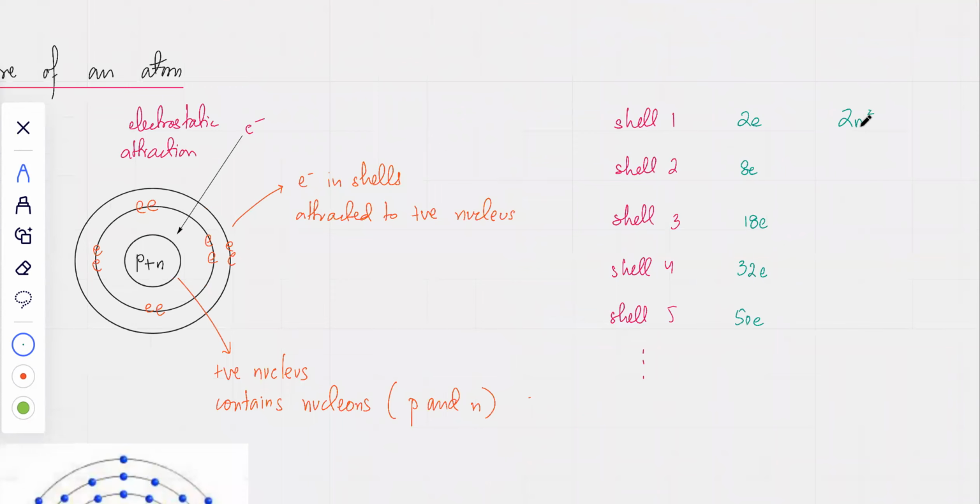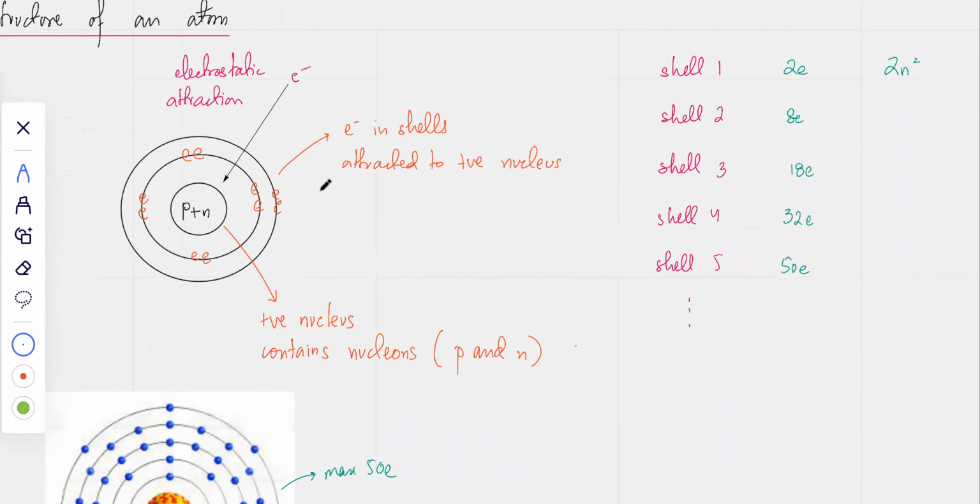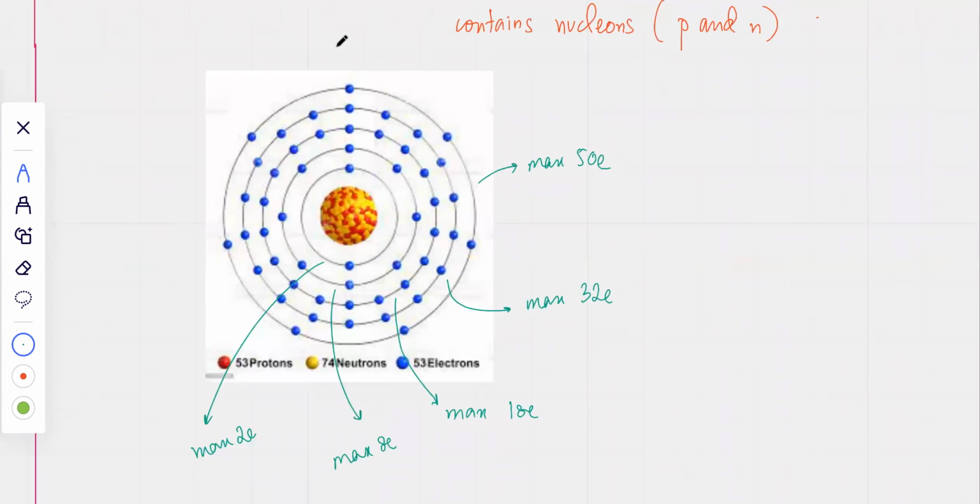Now in O levels, you studied something called 2, 8, 8. Most of the time you just studied the electronic configuration of small atoms, and in small atoms you don't need so many shells. Like the electronic configuration of fluorine is just 2 and 7, so 2 electrons in the first shell and 7 in the second.